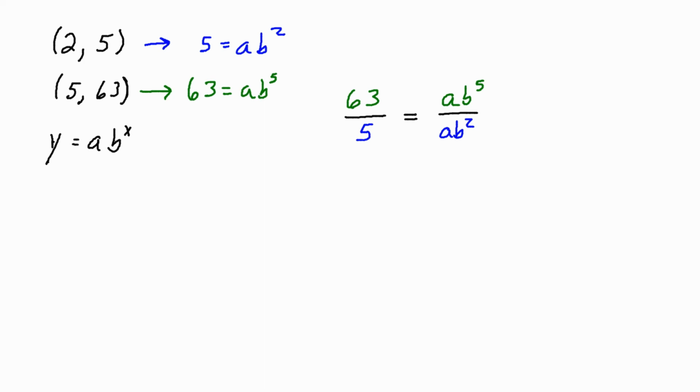Simplifying, I'm going to keep my 63 over 5. Our answers are more accurate if it's a fraction. The a's cancel, leaving me with b to the third power. So now I can get rid of my cube by taking both sides to the 1/3 power.